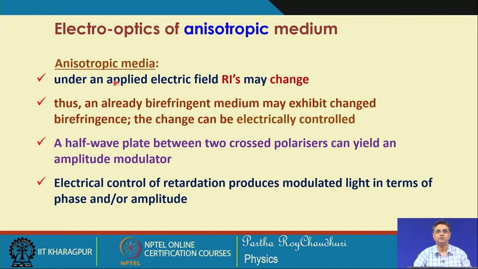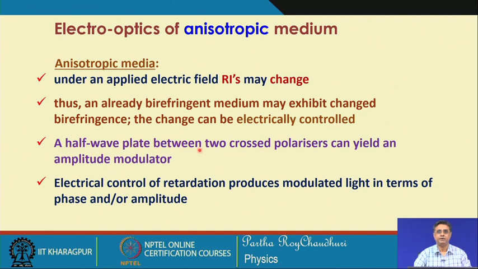In general, this all depends on how this crystal is configured. As a result, an already existing birefringent medium, anisotropic medium, may exhibit changes in the birefringence, and this change can be electrically controlled by an external applied electric field.